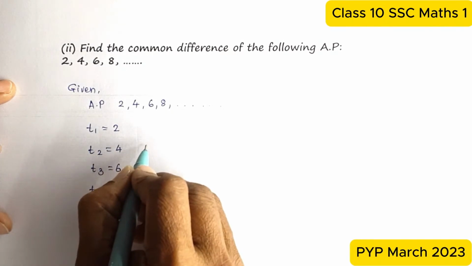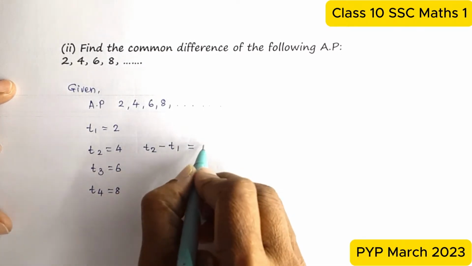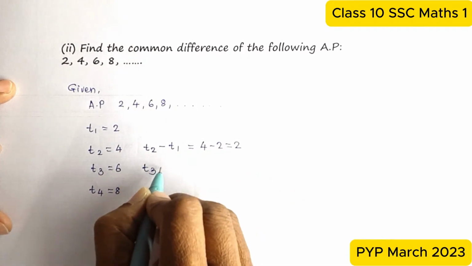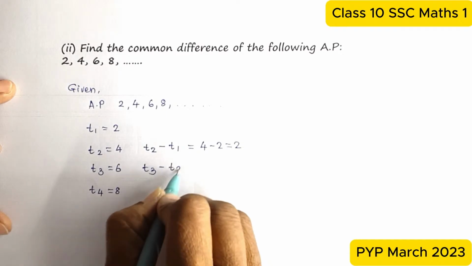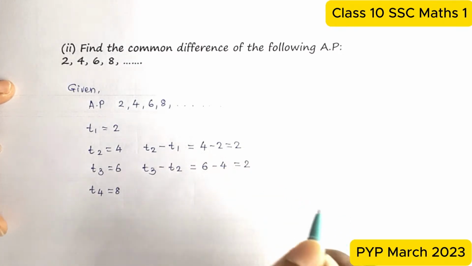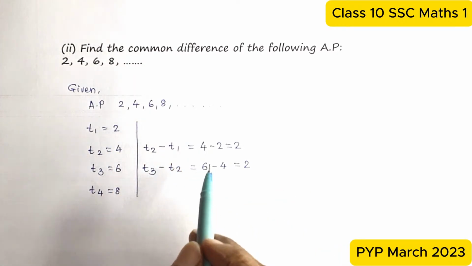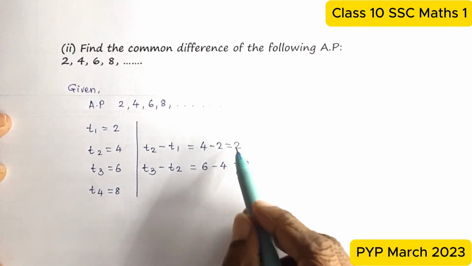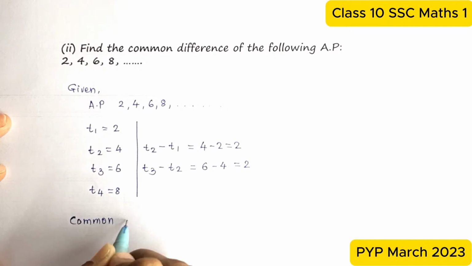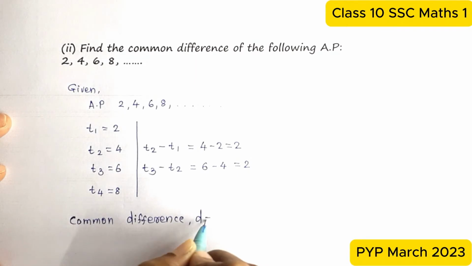So now here students, the common difference, that means T2 minus T1 is equal to 4 minus 2, which is equal to 2. Then here also you can find out the common difference with this formula: T3 minus T2 is equal to 6 minus 4, and that is equal to 2. Okay, whether you do all these or only one, you get the answer. Here we say the common difference is 2. Common difference d is equal to 2.